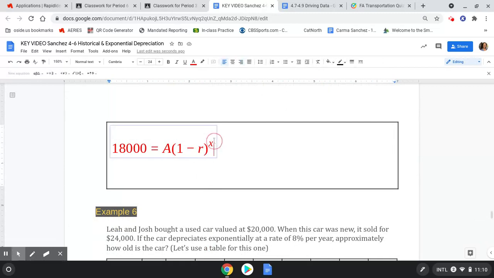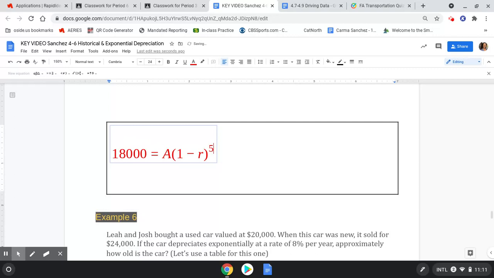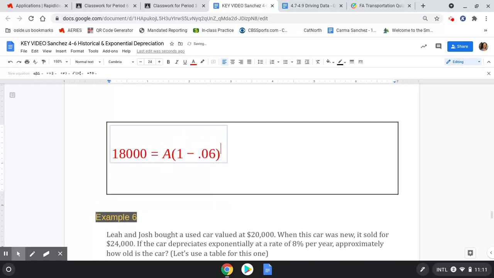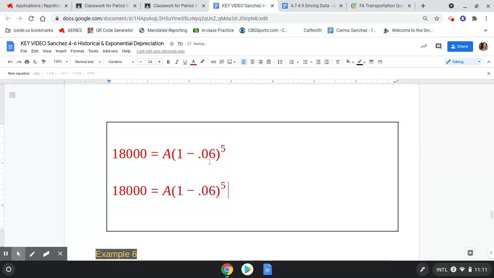So this x value up here is 5. And a 6% depreciation rate is 0.06 when we convert it. So I can do 1 minus 0.06. And do you guys see that that's going to be 0.94?